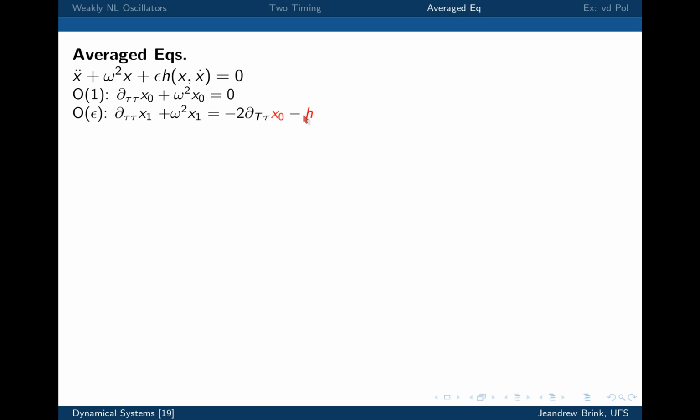Remember, h is a function of x and x dot, so you would have to put x and x dot in there and expand it in terms of epsilon to actually get what h is exactly.